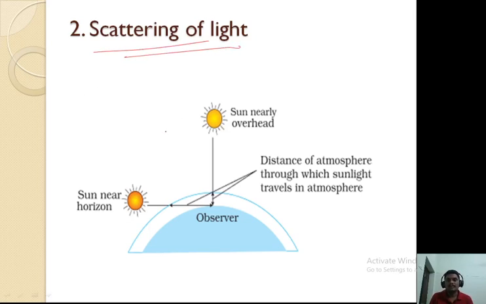When light passes through the atmosphere, it gets scattered by the atmospheric particles.